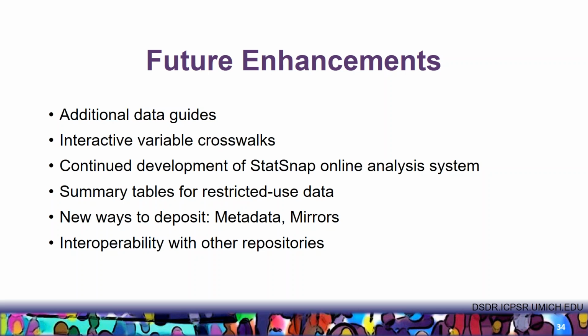That's what we can have here at DSDR. So if you have your data available at your university, but you want to make it more widely available, we'll be glad to mirror your data so that people will get greater exposure.